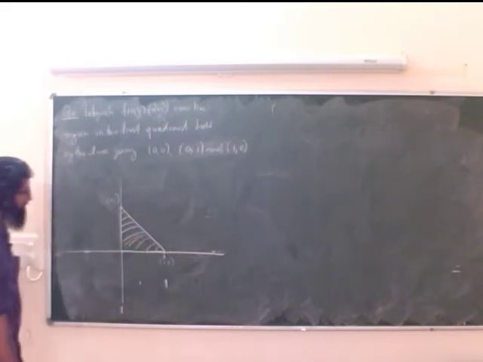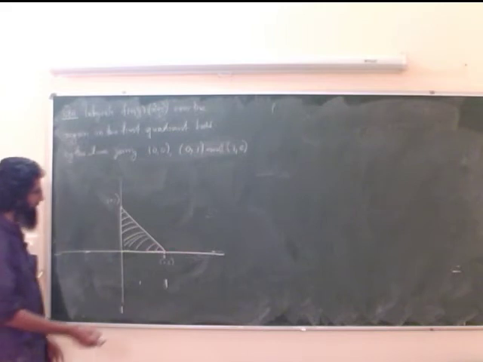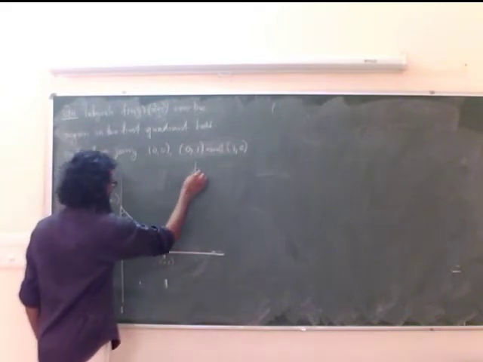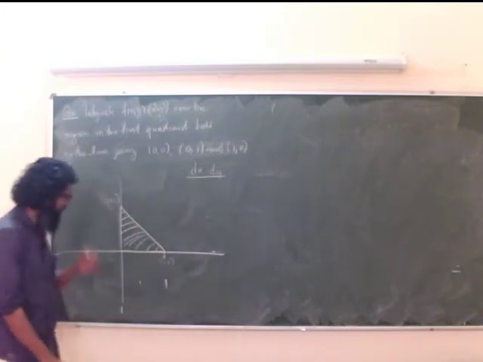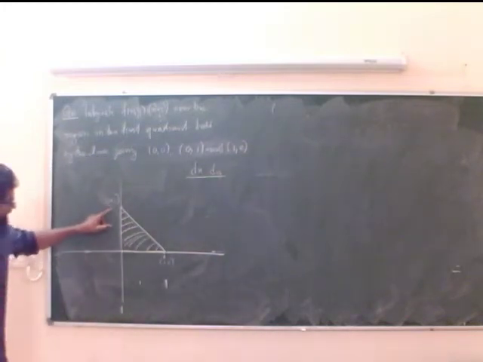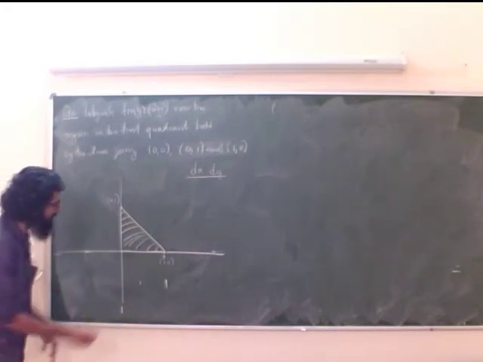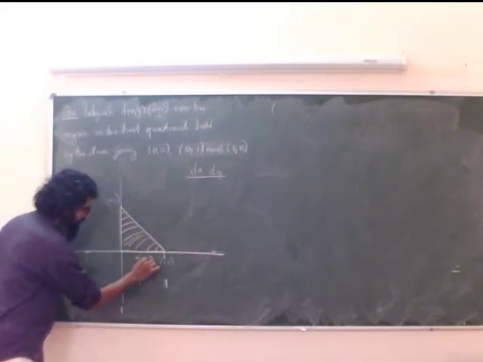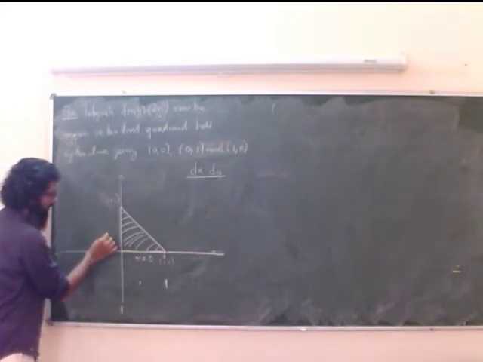Again, how to fix an order of integration. Let me go for first with respect to x, then with respect to y, as my order of integration. But before that, I have to label my bounding curves. This is the line joining (0,0) and (1,0), so this is y is equal to 0, and this is the y axis, so x is equal to 0.